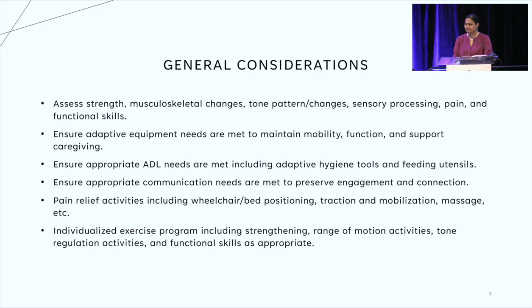And making sure that there are some adaptive hygiene tools that may be helpful to have the individual participate in their ADLs: feeding utensils, leveling spoons, adaptive knives, other types of utensils to ensure that we're optimizing function.